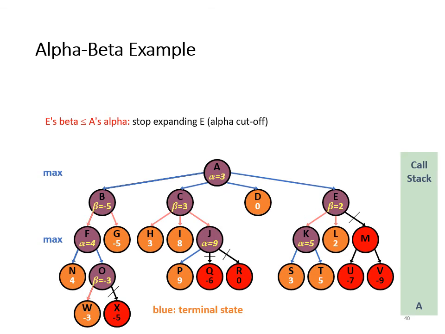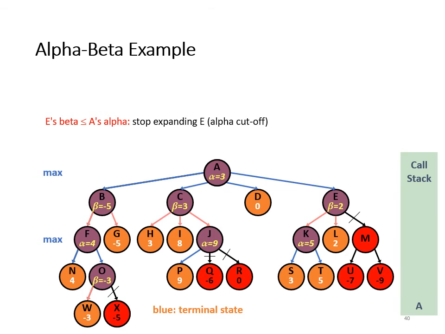The values of S, T, U and V are terminals. You have to assign S's value to this K, and K will take the maximum value because it is the turn of the computer and it will take the max value. So you assign the values of S and T. K will take the maximum value.